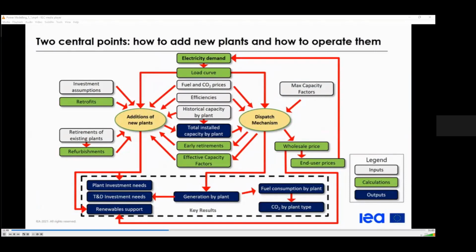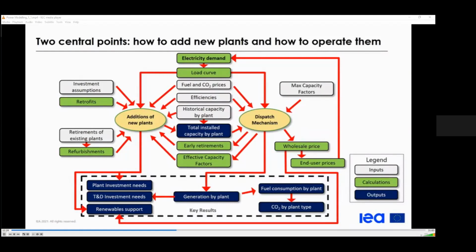The inputs in white of these modules are investment assumptions, prices, efficiency, historical capacity, and retirement. We also have in green some calculations that would have an important impact on this module. Electricity demand, obviously, we build this capacity to meet demand. And we will look at this module first, then we will move on to the dispatch mechanism.